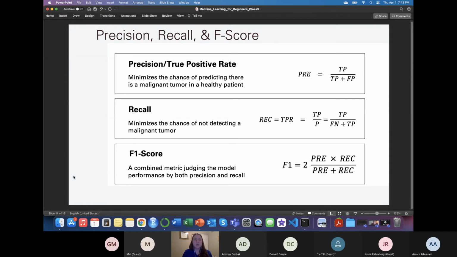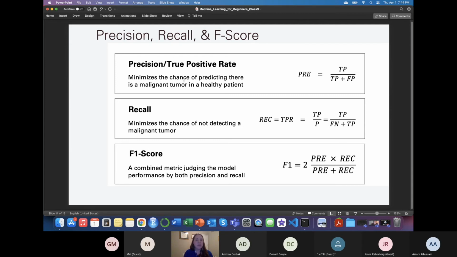And especially in healthcare, that's really not good, because if we miss a cancer that is actually there, that can lead to a misdiagnosis that more often is going to lead to death.